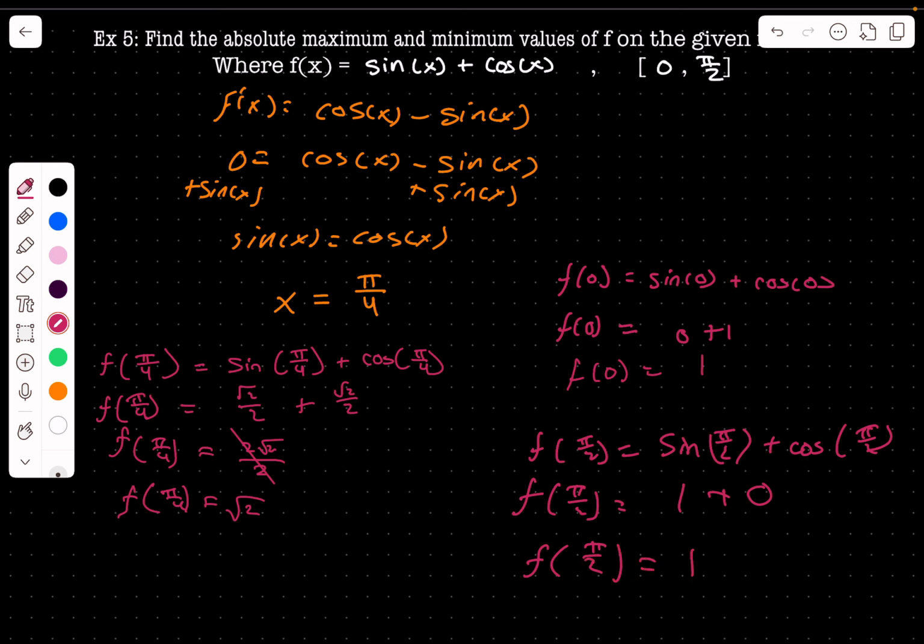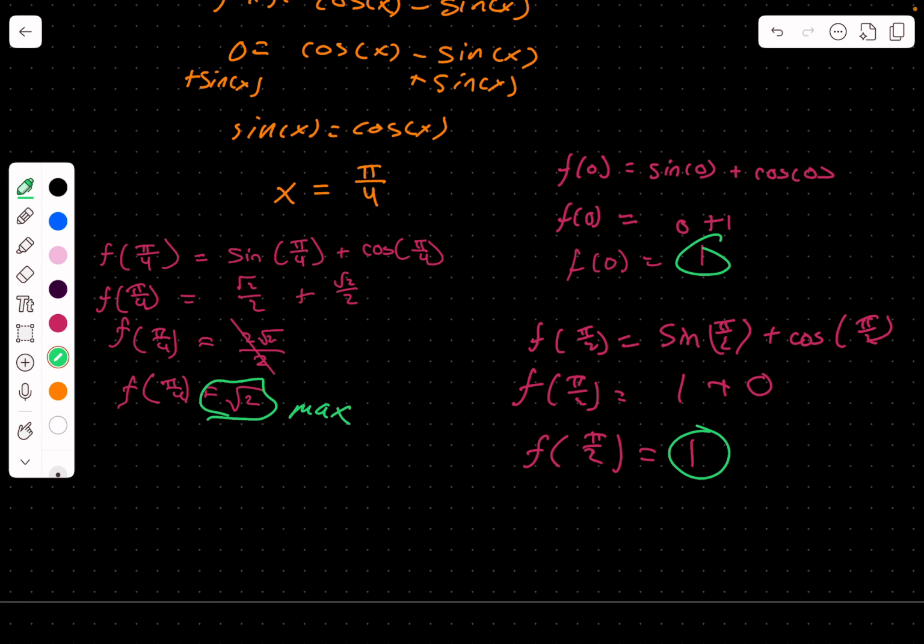All right, so let's see where our max values are. Our absolute maximum value is going to be this guy. Because when you plug that into a calculator, it's going to spit out a decimal. It's going to be like 1.4 something. And that's obviously greater than just 1. So, therefore, this is our max, and these two are our mins. And we can write that.